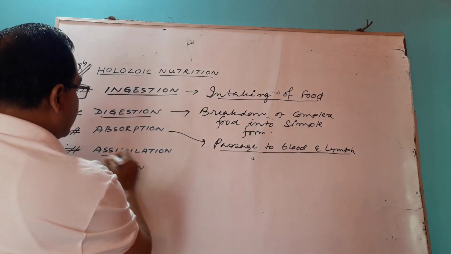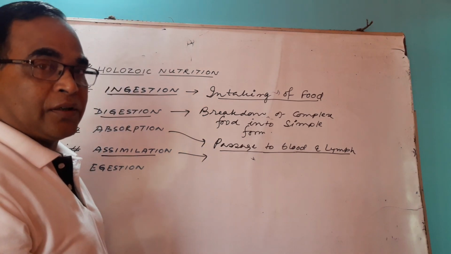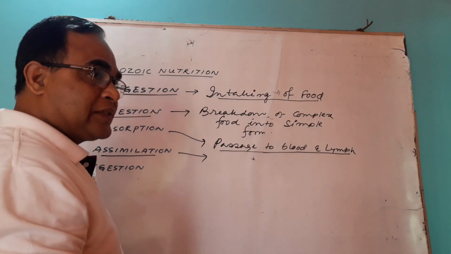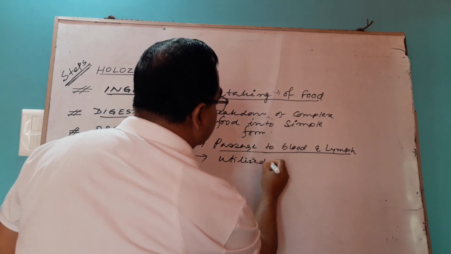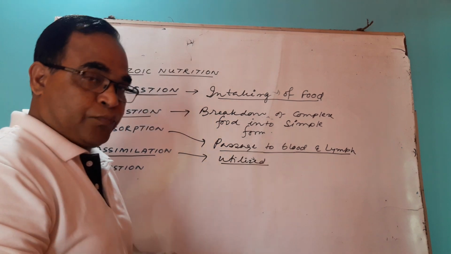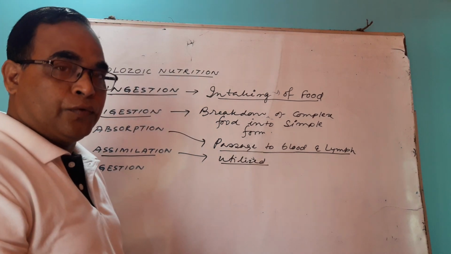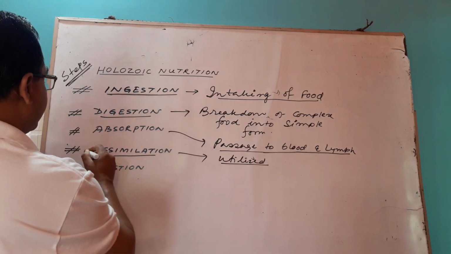After absorption, the food is taken into the cells and different parts of the body. Within the cell, the food is utilized for different purposes. So utilization of food within the cell, within the body, is called assimilation.